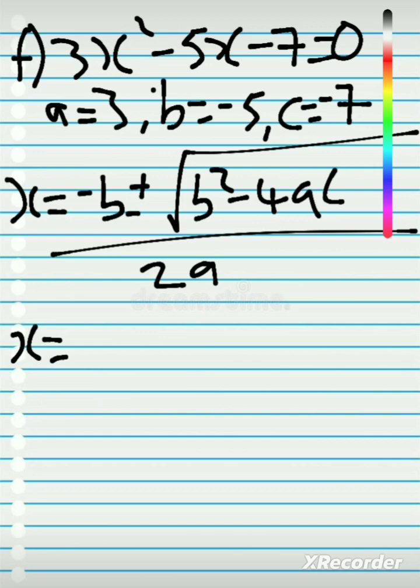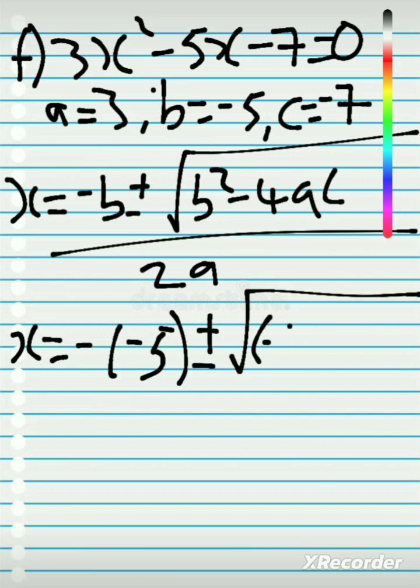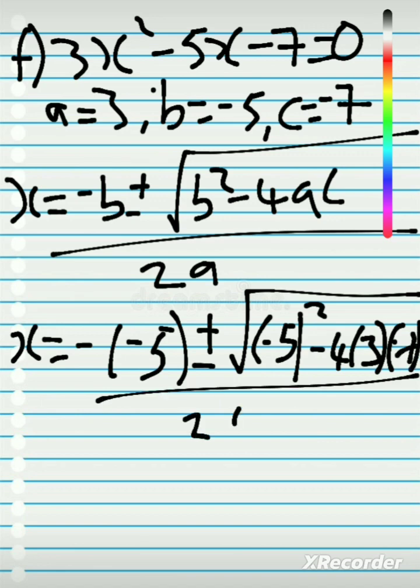Okay, so it's going to be, our B is negative 5, plus or minus square root of our B, negative 5 squared, minus 4. Our A is 3 and our C is negative 7. Okay, over 2, what's our A? 3.